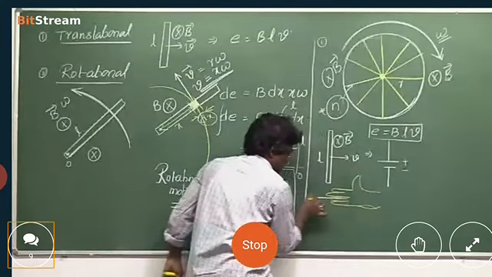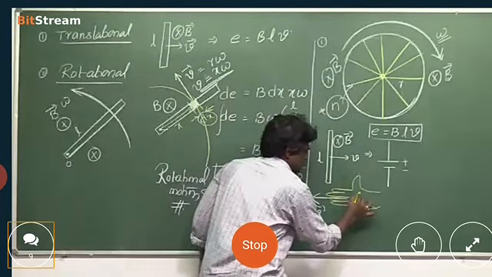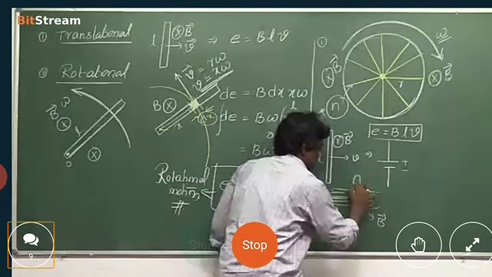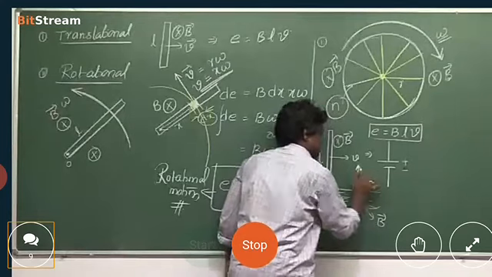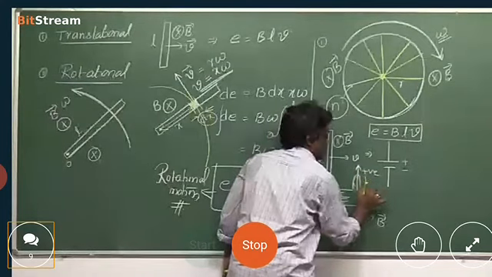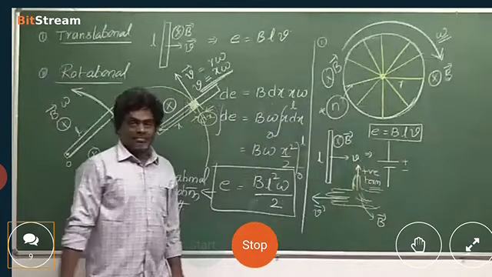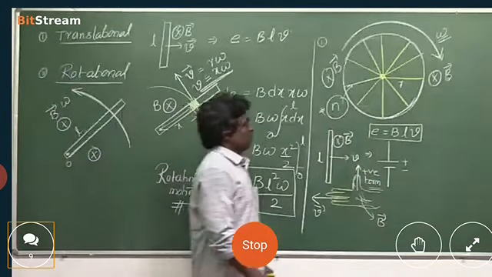So this is the velocity direction, this is the magnetic field direction, and this is the positive terminal of the battery. Don't forget, Naina, don't forget.